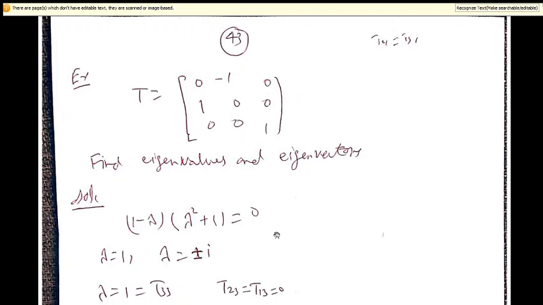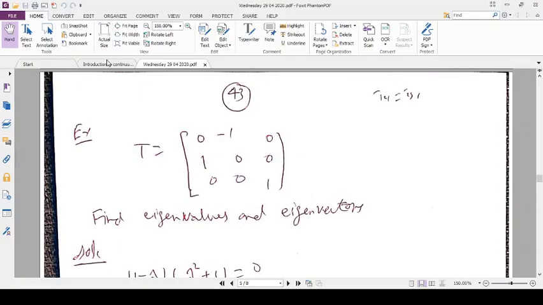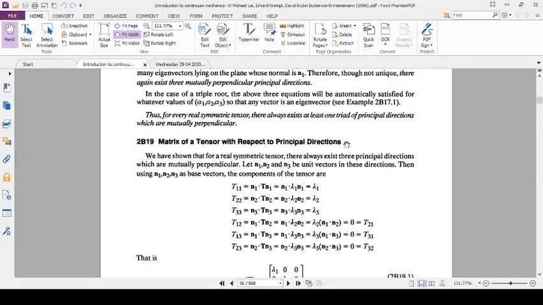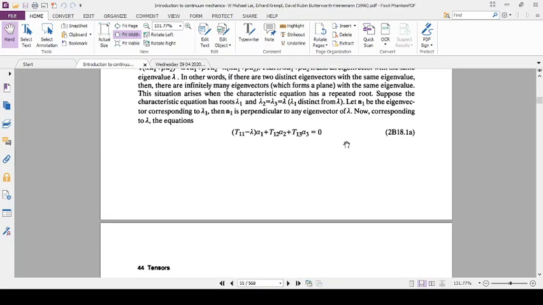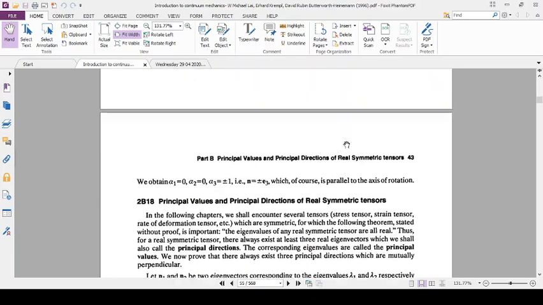It is not necessary that you always have real eigenvalues. If your tensor is symmetric, then your eigenvalues will be real.